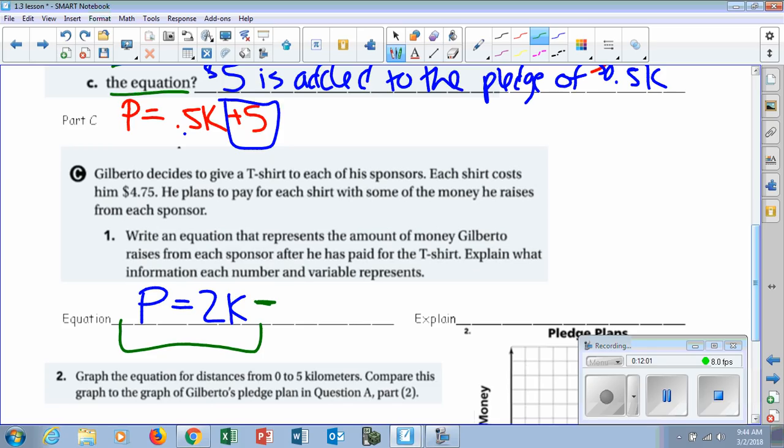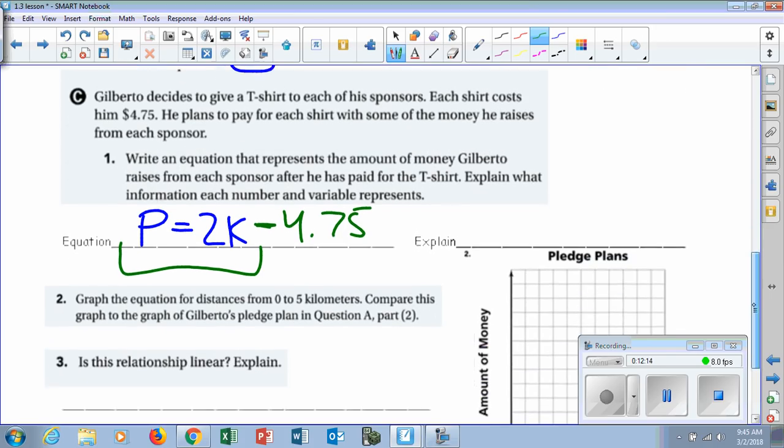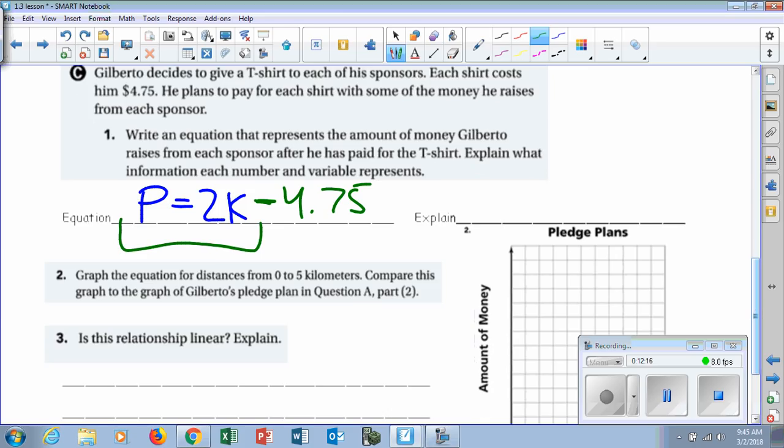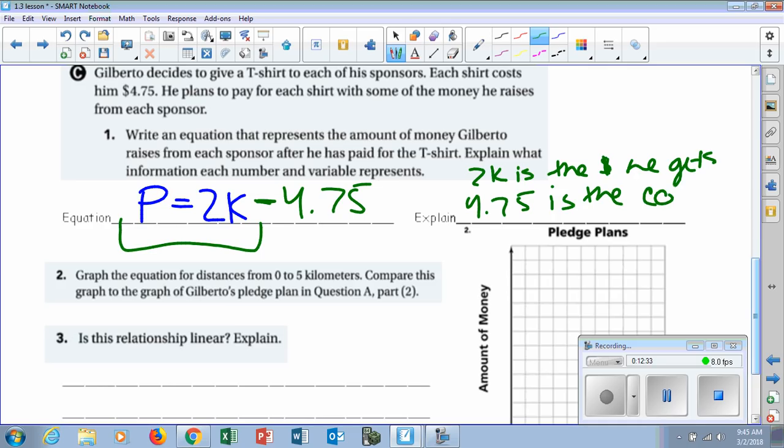Exactly. I can subtract $4.75 from it to find the real total after he spends his money on his shirt. So if we were to break apart what each thing represents here, our 2K is the money he gets. The $4.75 is the cost of the shirt.